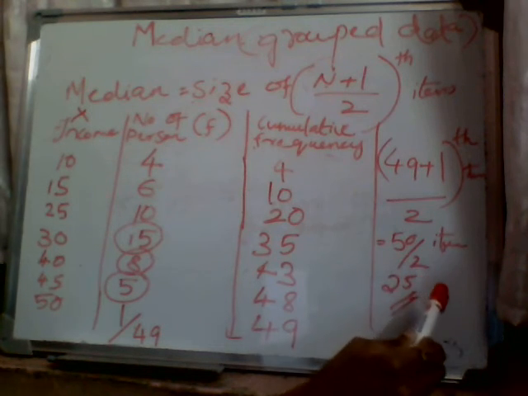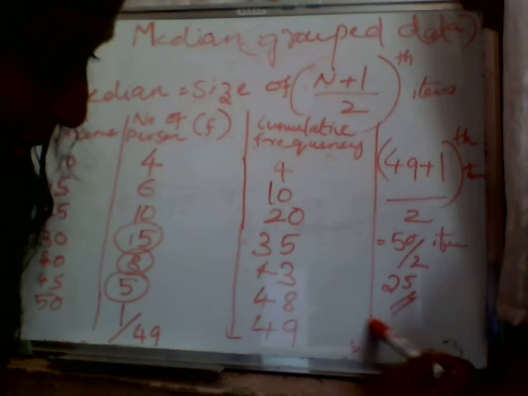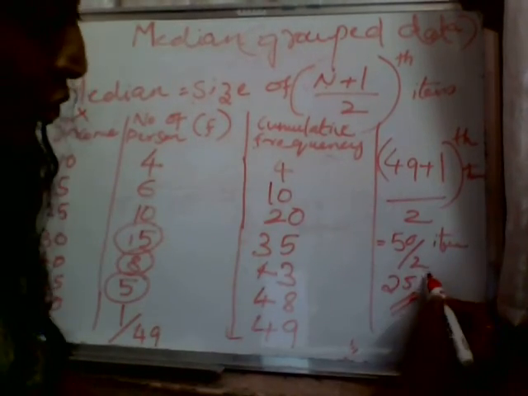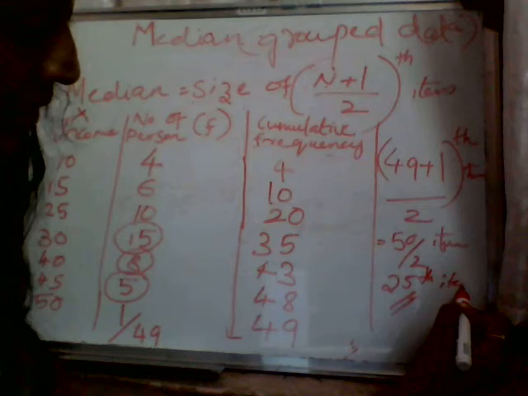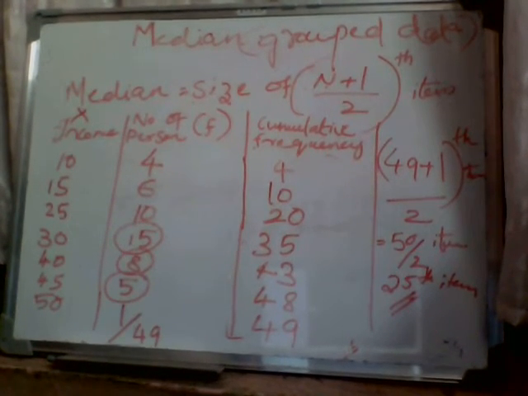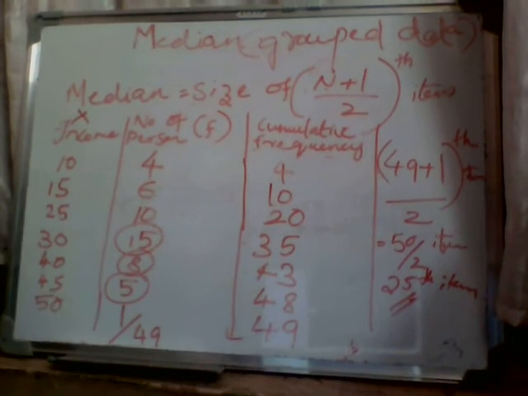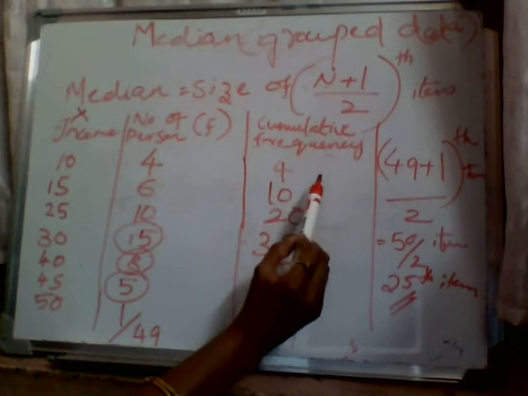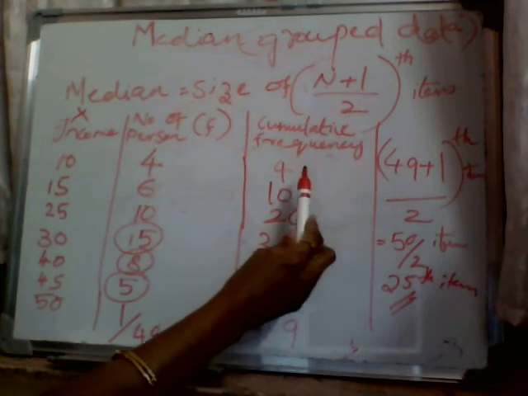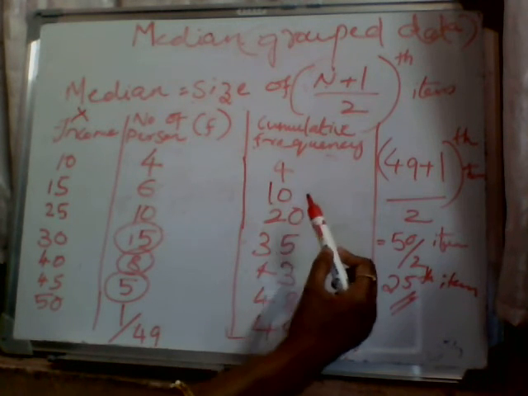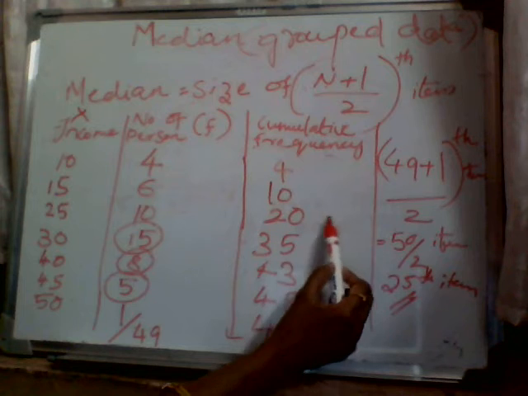Then we got the 25th item. Now we need to find which one is the 25th item. From the cumulative frequency, 25 will not fall in 4, not in 10, not in 20.